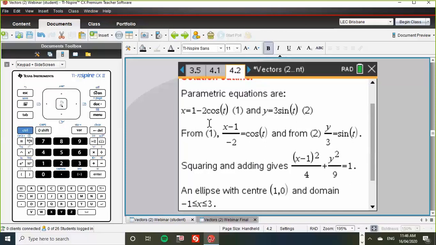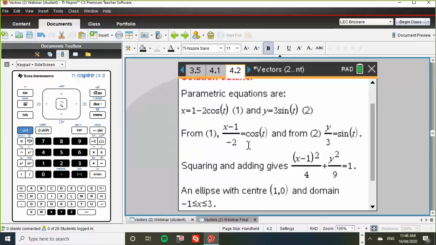So when cos t is -1, x is equal to 1 minus 2 by -1, so that's 1 plus 2, which is 3. And then when cos t takes its maximum value of 1, 1 minus 2 is -1. So that is probably my preferred mode of determining a domain, from the parametric equation and the rearranged parametric equation.